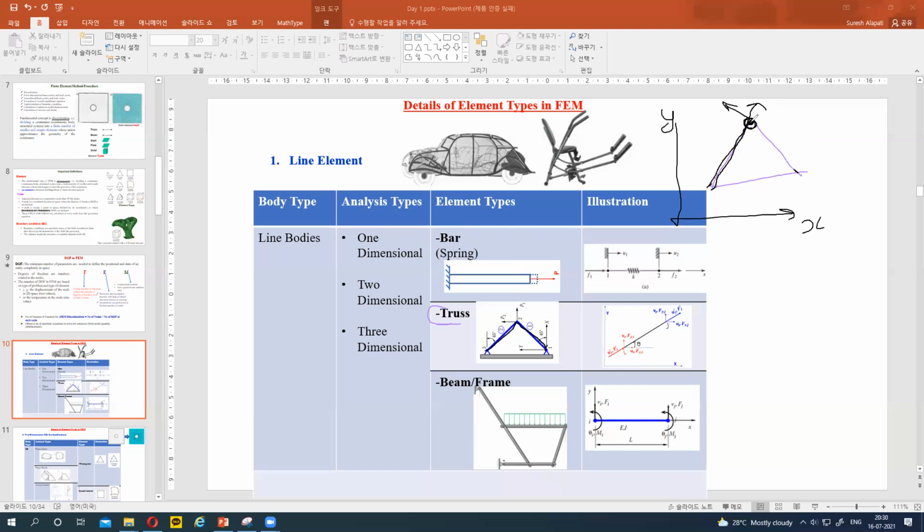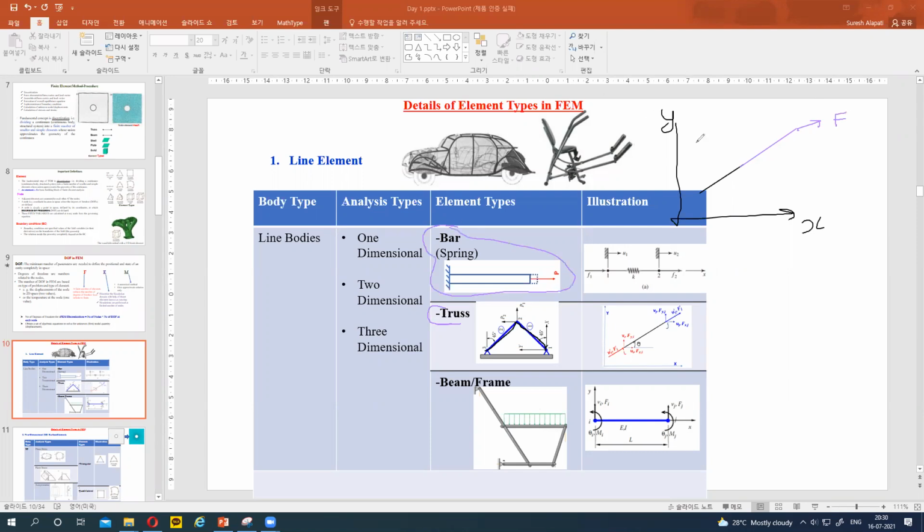Suppose this one is 1 bar, and this one is another structure. When we apply a load along this axis, we simply need to work using the bar element.